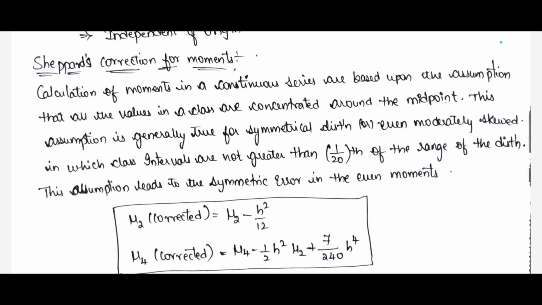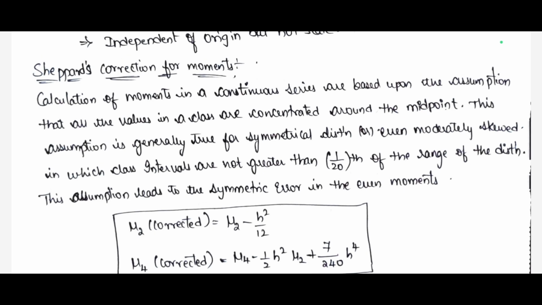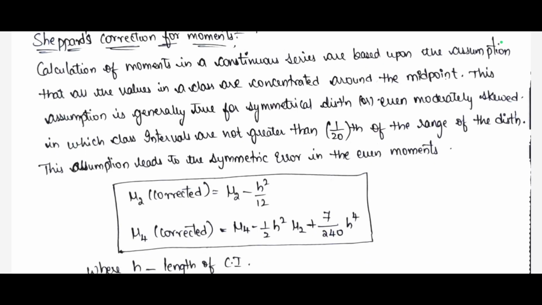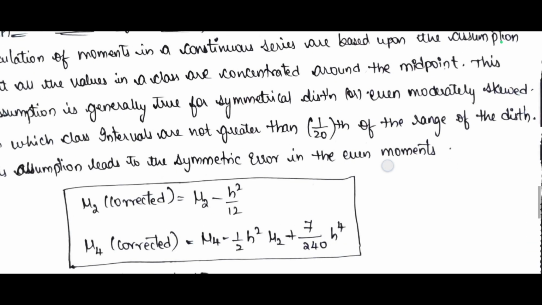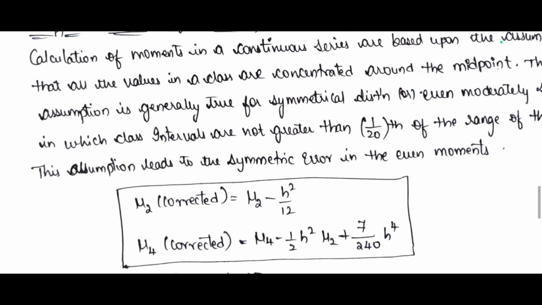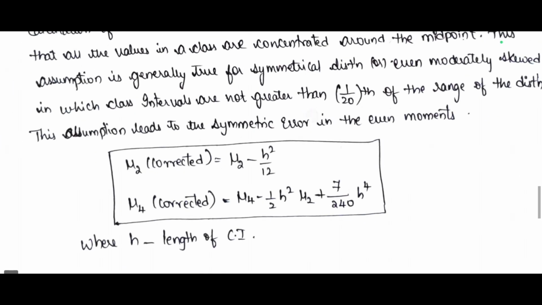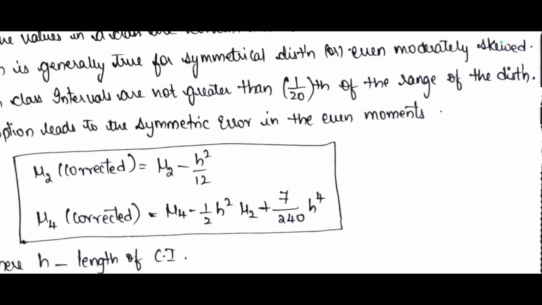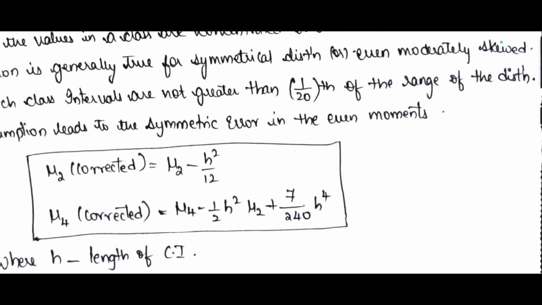This assumption is generally true for symmetrical distributions, even moderately skewed, in which the class intervals are not greater than 1 divided by 20th of the range of the distribution. These assumptions lead to a systematic error in the even moments.